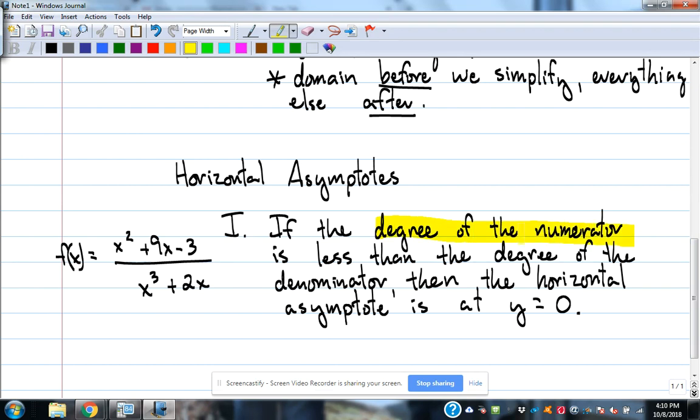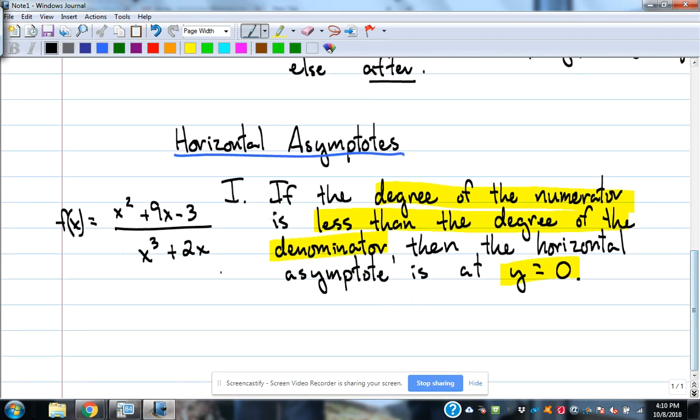So degree of the numerator less than degree of the denominator, it's y equals 0. Numerator is less than the denominator, it's at y equals 0. That's the first situation for a horizontal asymptote.